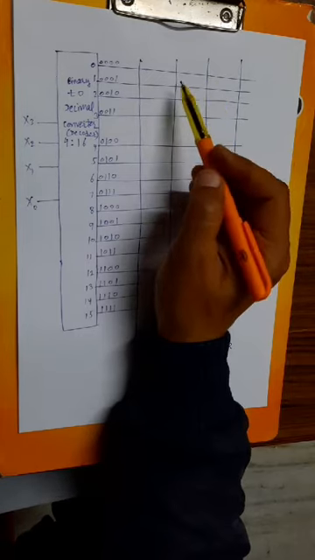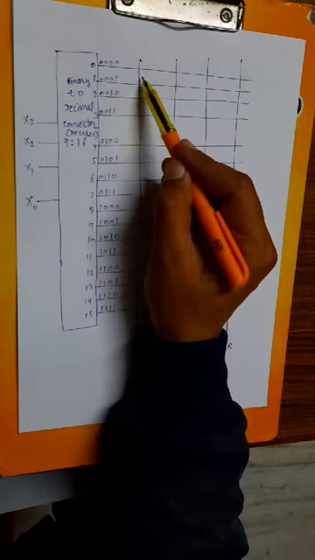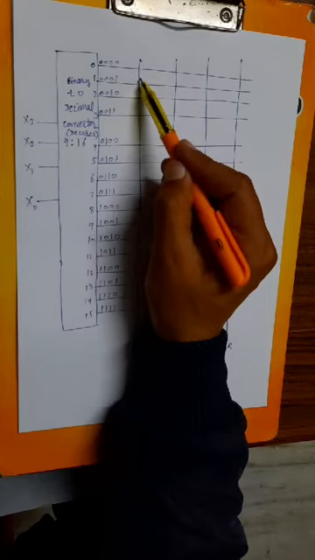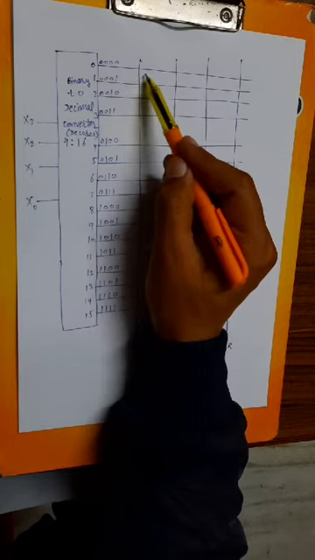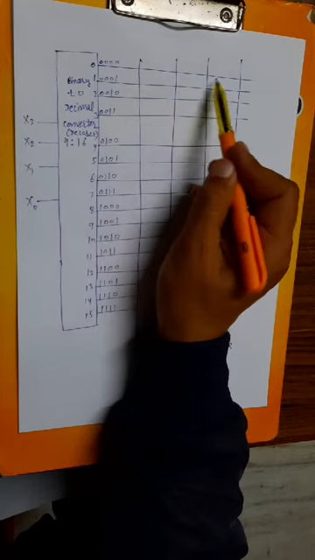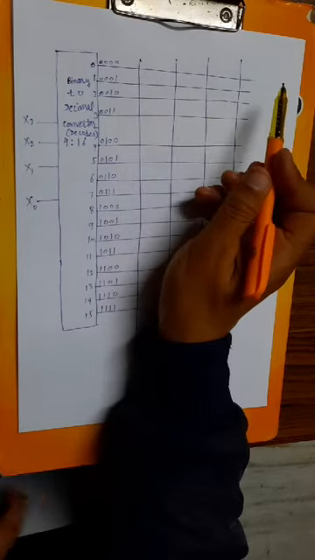So if there is a connection between this row line to column line, then there will be a connected diode, through which this row line will be connected to this column line. Otherwise, if no device is present from this row to column line, then this row line will not be connected to these column lines.